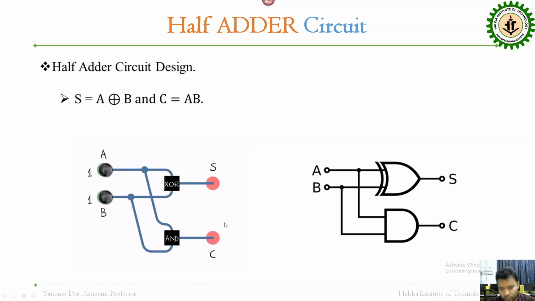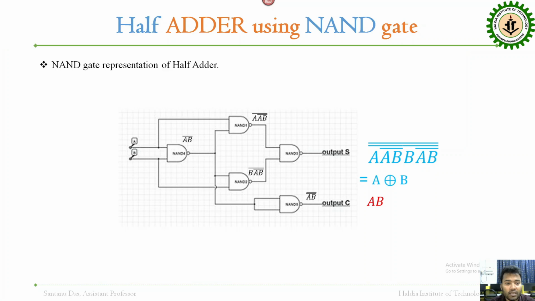Okay, next we are going to discuss how the half adder looks if we implement it using NAND gates. The circuit looks like this. Here you can see A and B are inputs.